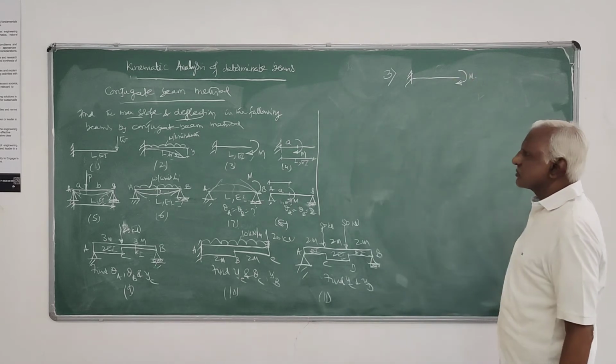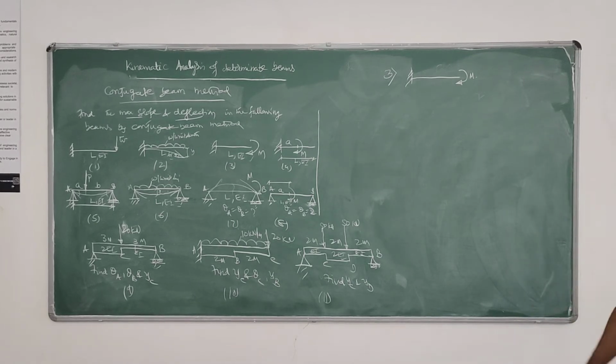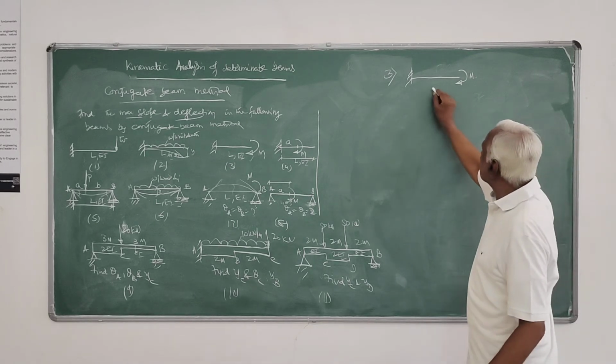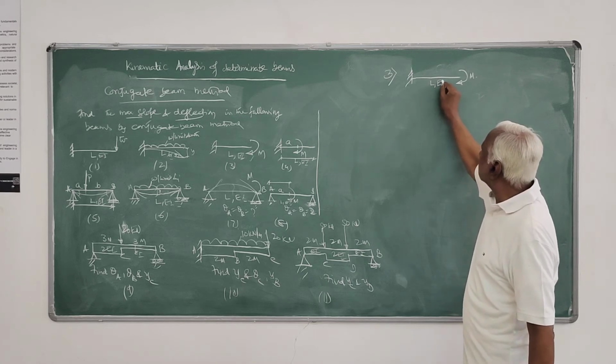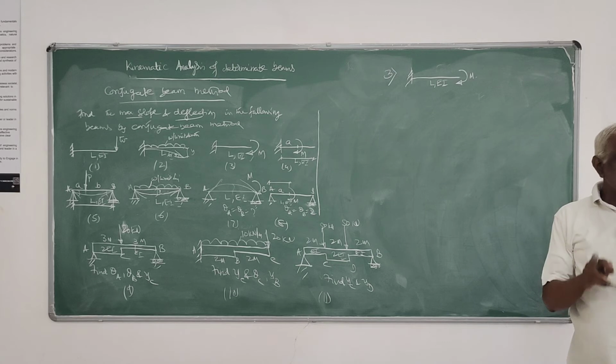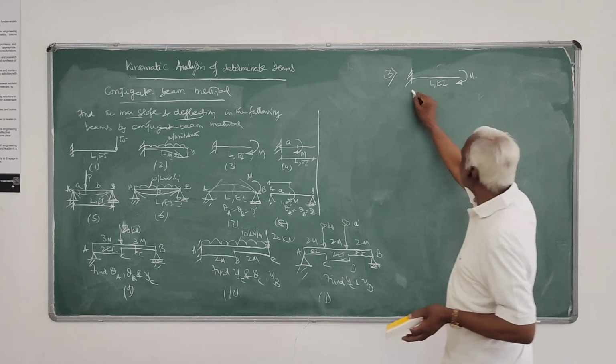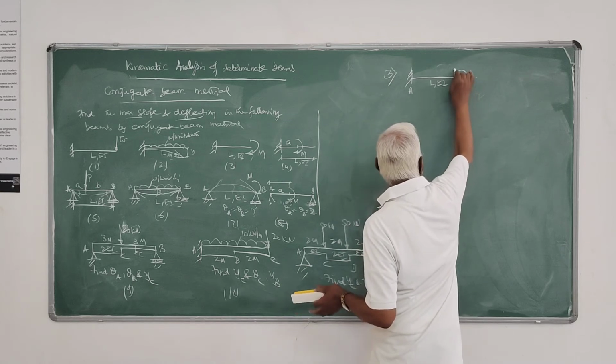So this is the problem. Find maximum slope and maximum deflection for this cantilever, L, E, I. So I told you, in cantilever problems, maximum slope and deflection always occur at the free end. You call this AB.